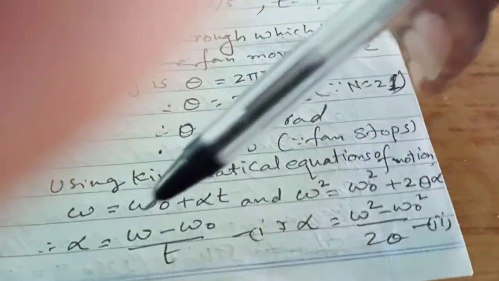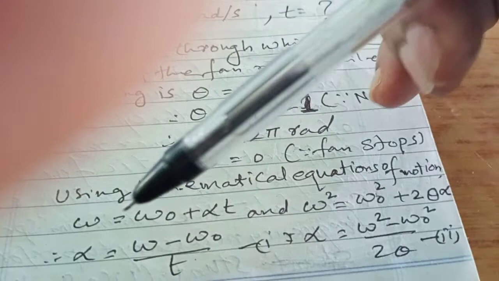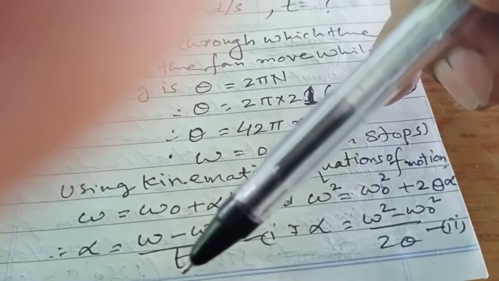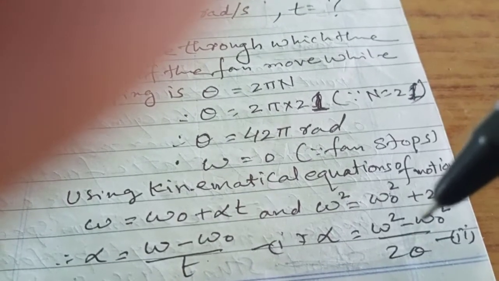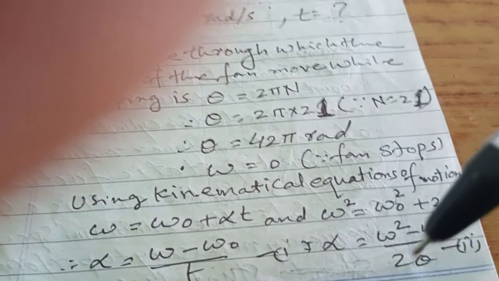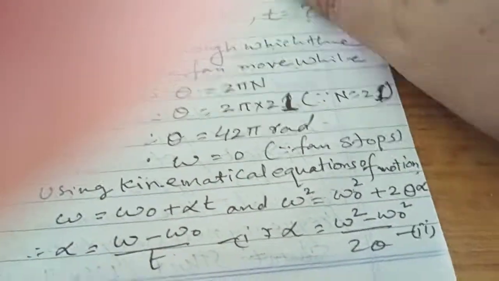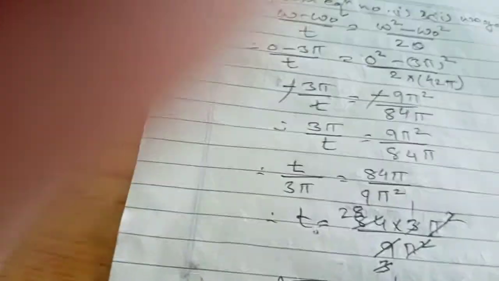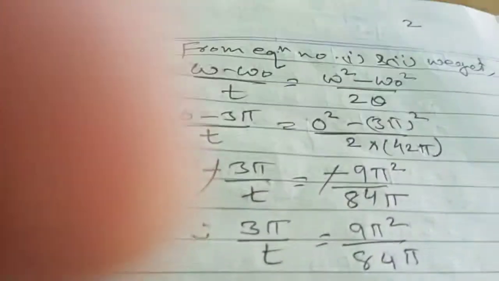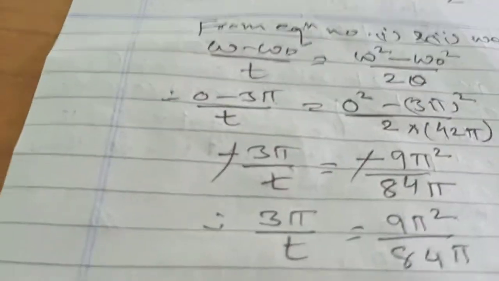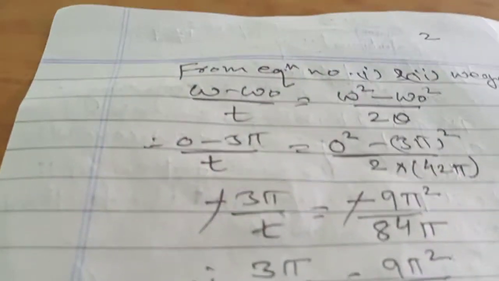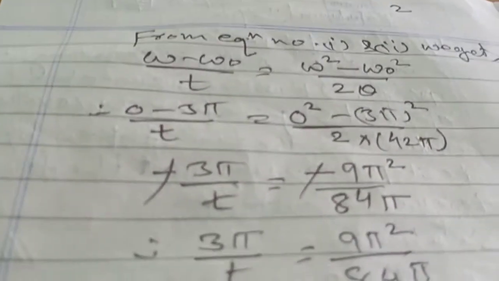Alpha is constant, so alpha is equal to omega minus omega 0 upon t, and alpha is equal to omega square minus omega 0 square upon 2 theta. Comparing equation 1 and 2, on the left hand side is alpha, so omega minus omega 0 upon t is equal to omega square minus omega 0 square upon 2 theta.